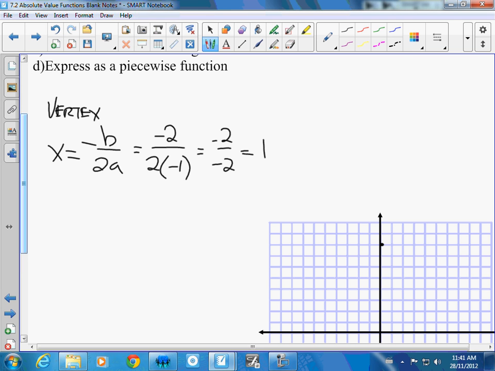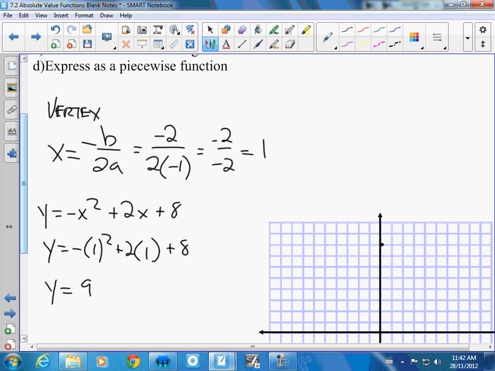The original, what is it? y equals negative x squared plus 2x plus 8. Wherever you see an x, what do you replace it with? So y equals negative 1 squared plus 2 times 1 plus 8. Negative 1 plus 2 is positive 1, plus 8 is 9. So what's the vertex? 1, 9.